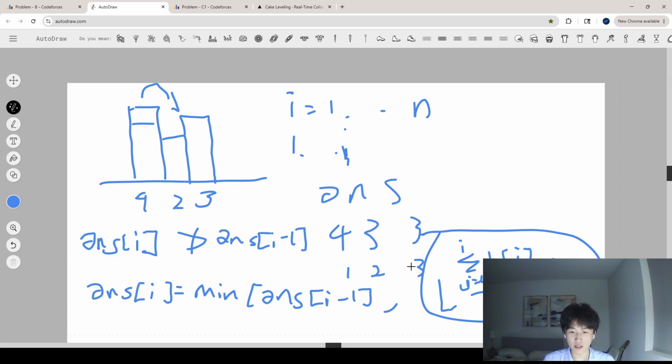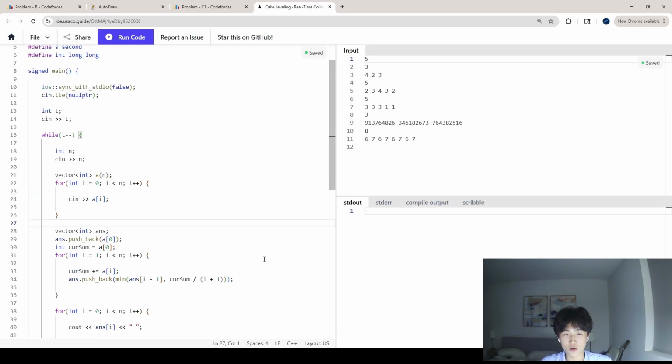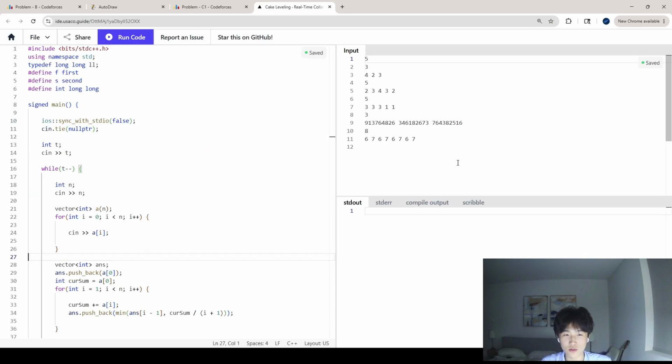And because the minimum is the answer of I minus 1, we then realize there's no case where the first value is smaller than the average and we use it, because if that value is smaller than the average, then our answer will already be equal to at most that value. So we don't really have to consider that case, and we can just consider the average of all the values from 1 to I.